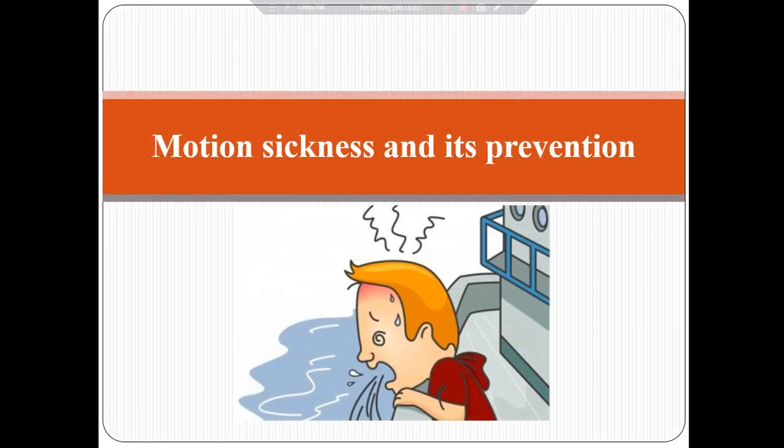Now we'll talk about motion sickness and its prevention. As you know, motion sickness is one of the problems that may be associated with nausea, vomiting and vertigo in certain situations.